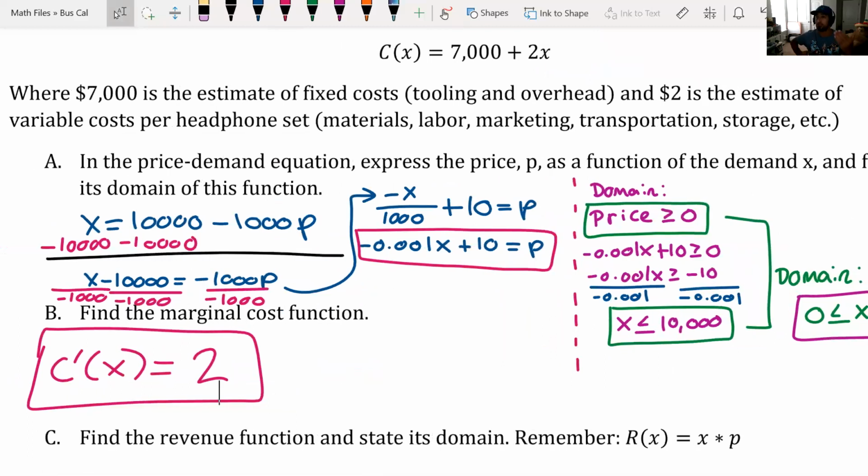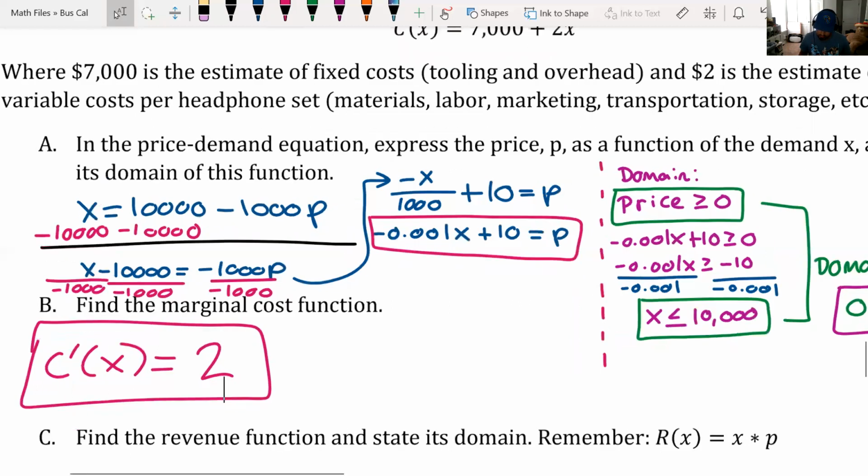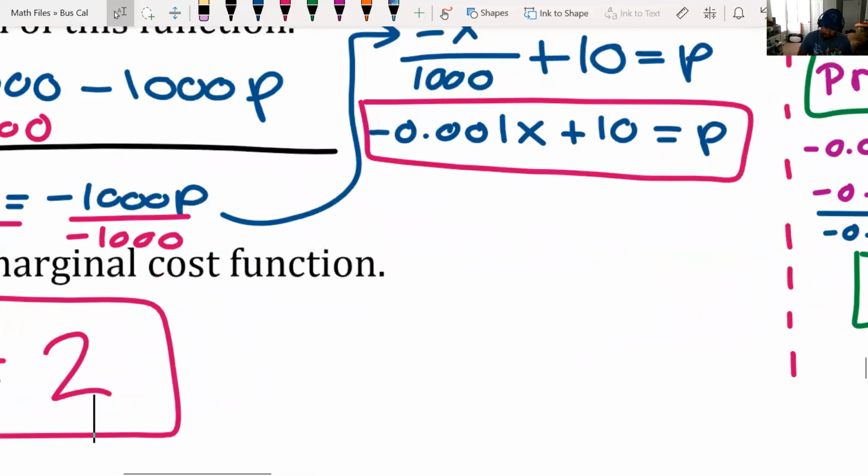So no matter what, cost increases $2 per headphone. That's all this says. Right. I mean, I could write that in there. Why not?